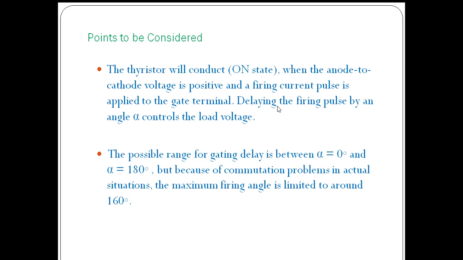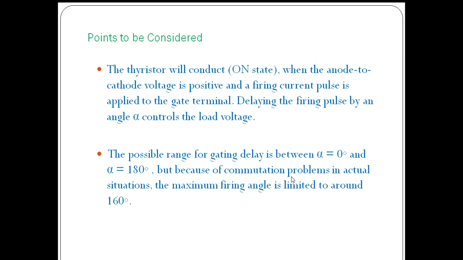Depending on the instant of application of this gate pulse, the output voltage available across load terminals will change. The possible range of gate delay is between 0 degrees to 180 degrees, so we can apply the firing pulse from 0 degrees to 180 degrees.